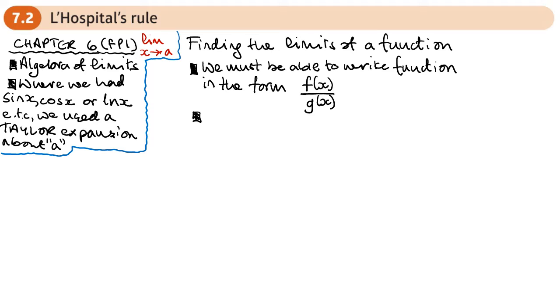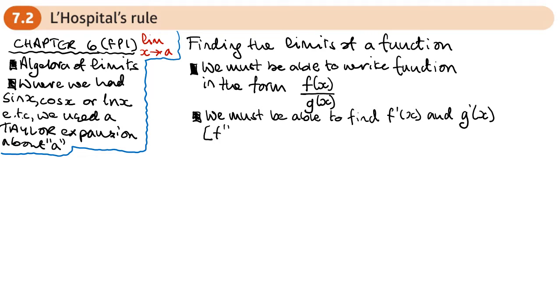Secondly, we must be able to differentiate both those functions. So we must be able to find f dash of x and g dash of x. And I'll just put in brackets here, sometimes it may be that we need to differentiate twice. So I'll just put f double dash of x, g double dash of x.